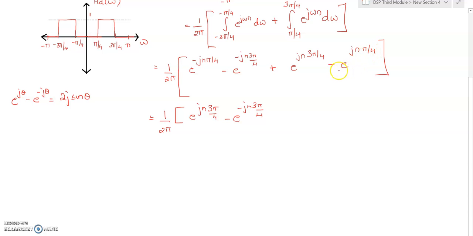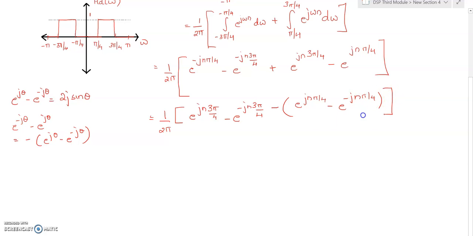Here comes a bit of a contradiction, because we need it in e raised to j theta minus e raised to minus j theta format, but here it is e raised to minus j theta minus e raised to j theta. So this can't be equated directly, but something can be done. The minus can be taken common and it can be written as e raised to j theta minus e raised to minus j theta. So we take the minus common and combine these two terms, e raised to j n pi by 4 minus e raised to minus j n pi by 4. We combine these two terms and let's see what happens now. So this becomes 2 pi.